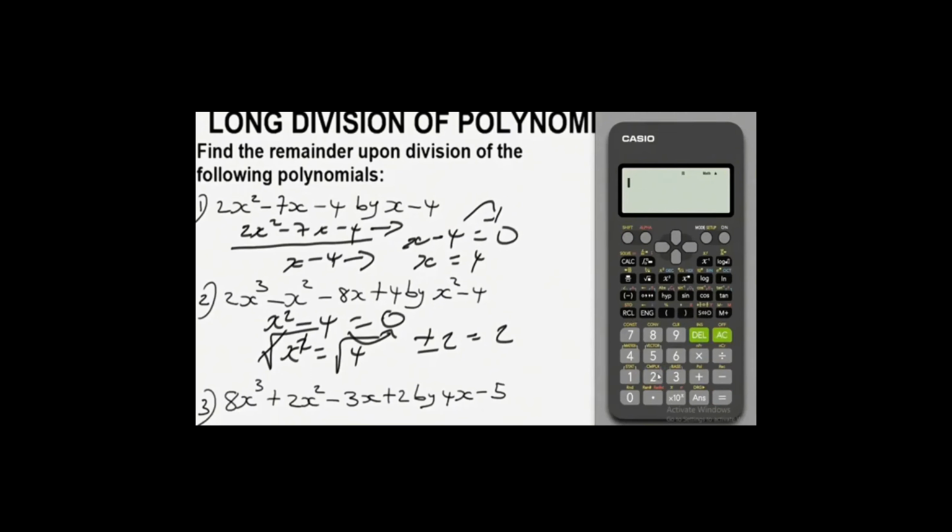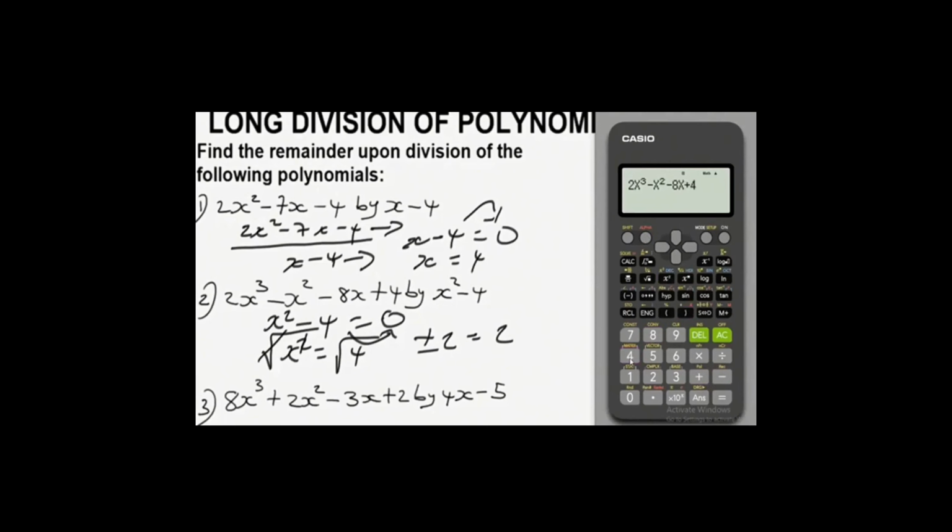Let's input the polynomial. We have 2x cubed, then minus x squared, then minus 8x, plus 4.